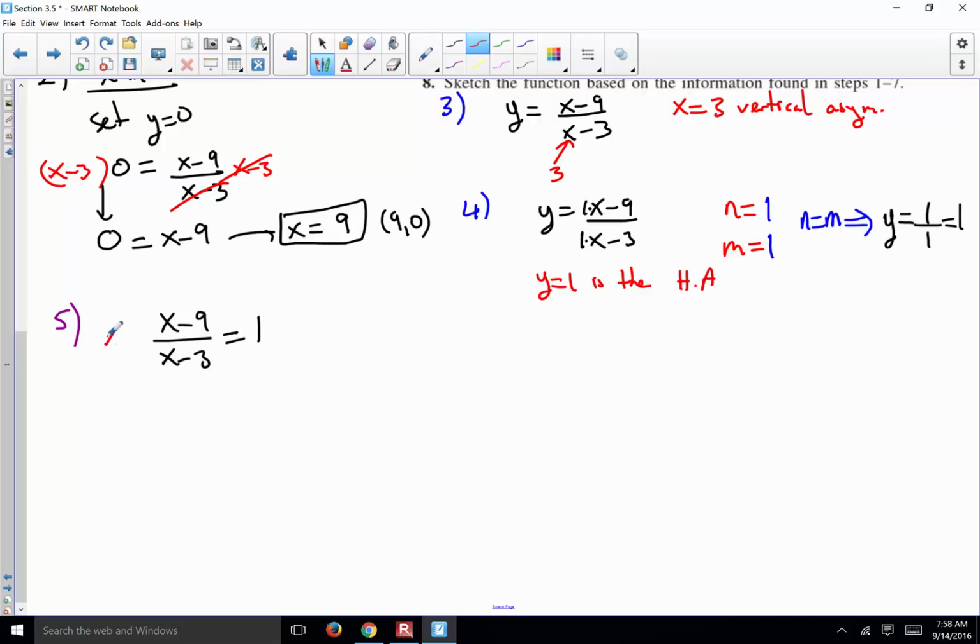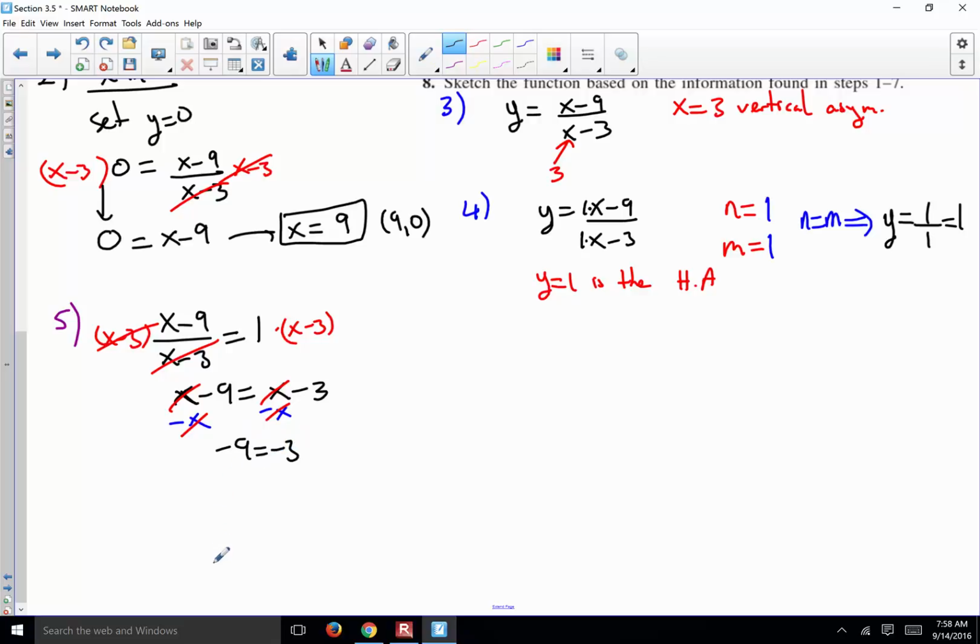We need to multiply and literally compute what happens: 1 times x minus 3. Look, it's not wiped off. The x minus 3 showed up here. X minus 9 equals 1 times x minus 3, which is x minus 3 itself. And I subtract x's, and tell me what's going on here. You've proven minus 9 equals minus 3.